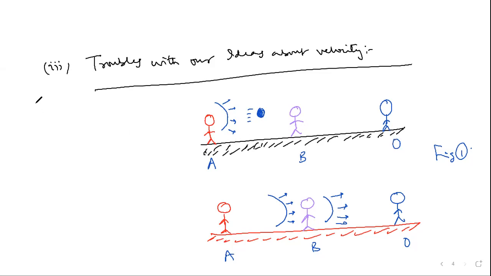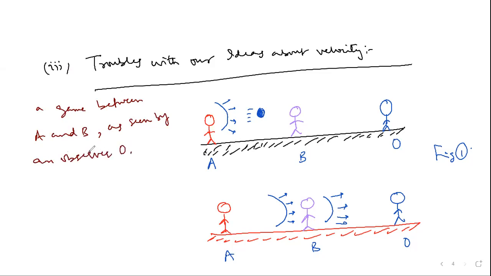So what is the situation? A game between A and B as seen by an observer O, right? Important is we're assuming all three observers are at rest in this reference frame.